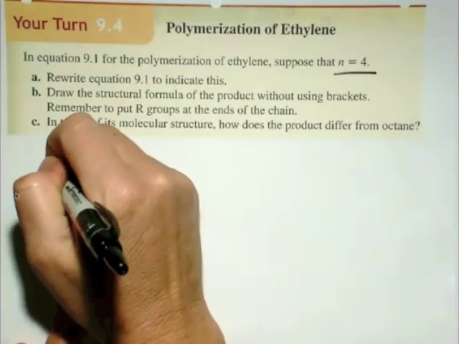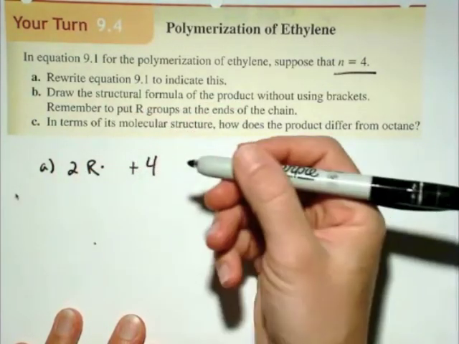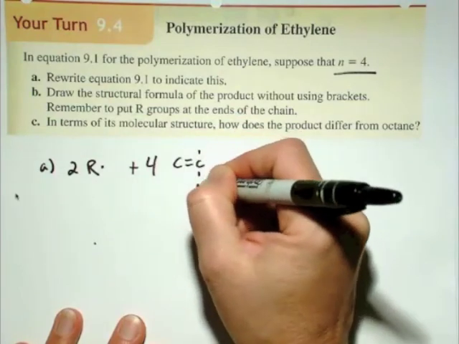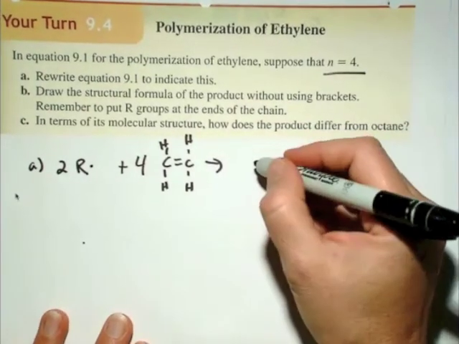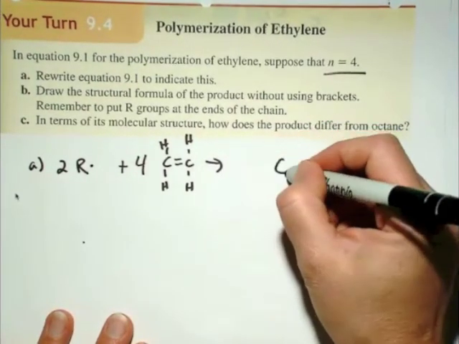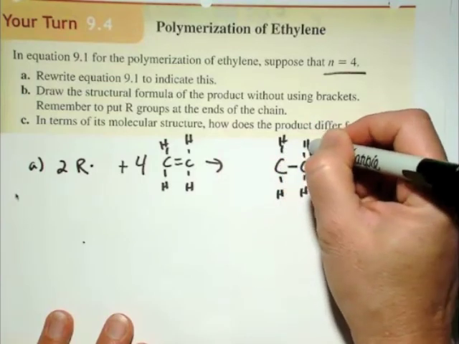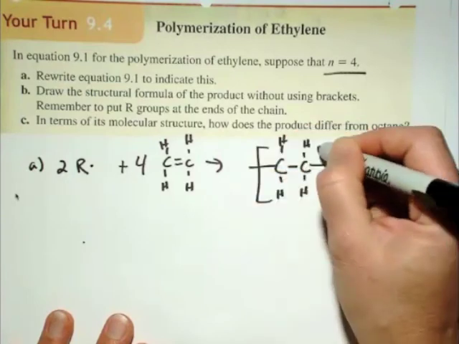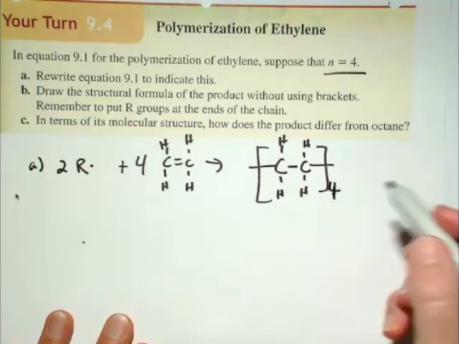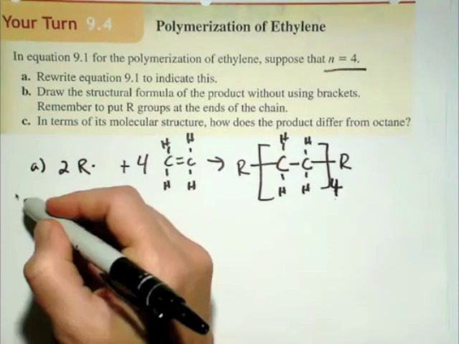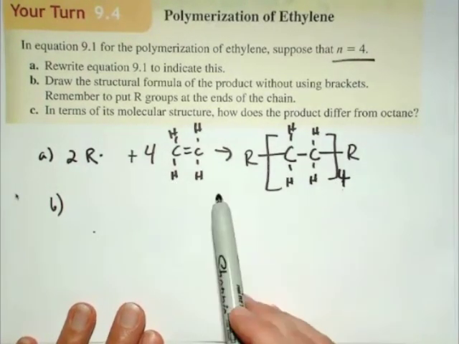So we'd have 2 R's plus 4 monomer units, which is ethylene, to give the product, polyethylene. It's going to be a polymer that's 4 monomer units long. So you put the monomer unit in brackets, and then you say 4 down here, indicating that there's 4 of these, and then there's an R on either end. Okay? So that's how we would represent a polymer that's 4 units long.